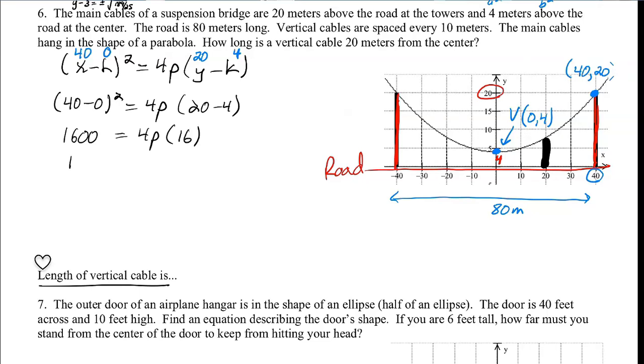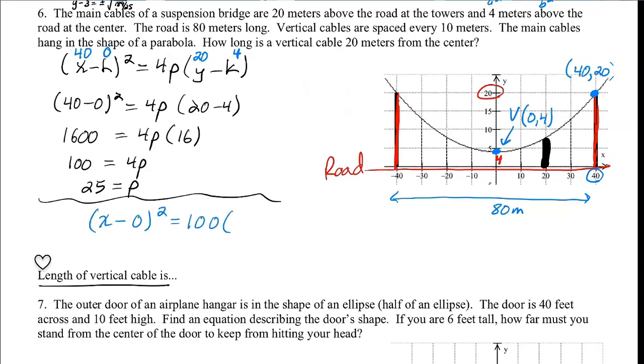Divide both sides by 16, and we get p is 25. So that means our general form for the equation is (x minus 0) squared equals 4 times 25, which is 100, times (y minus 4). I've left x and y as variables so that we can plug in to answer the question.